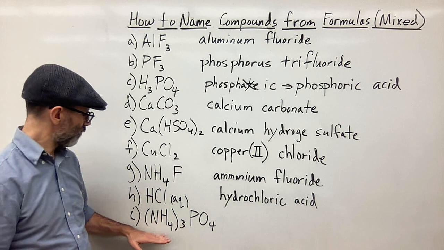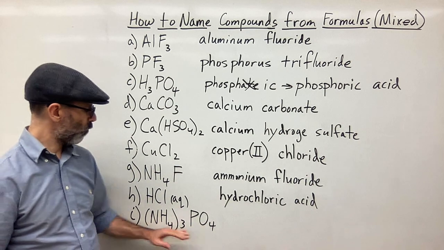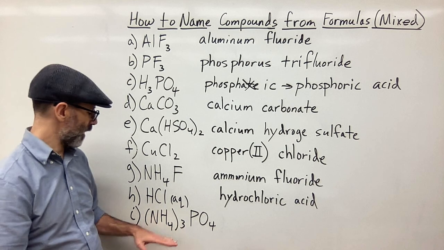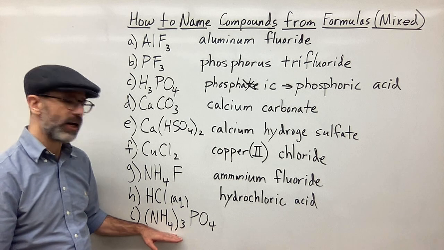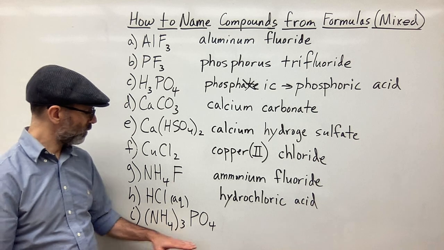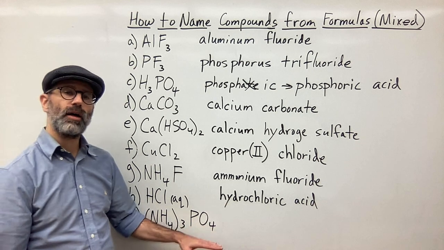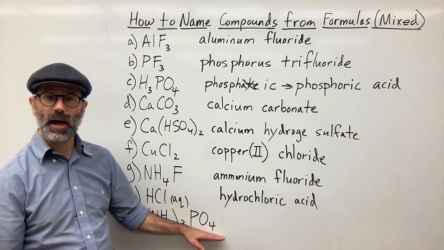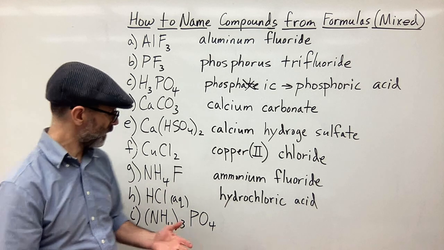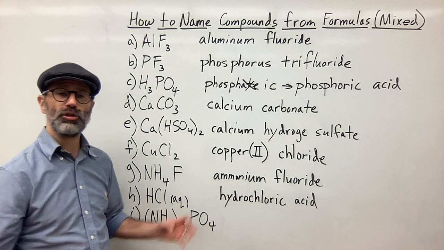Next, we have NH4 3PO4. Again, at this point, you're like, aha, you're not going to fool me this time. I've got NH4 here. I know that's an ion. That's a polyatomic ion, ammonium. And then we have PO4. I know that one. That's a polyatomic ion. So I have two ions here. That's an ionic substance. So all I need to do is put the names together.